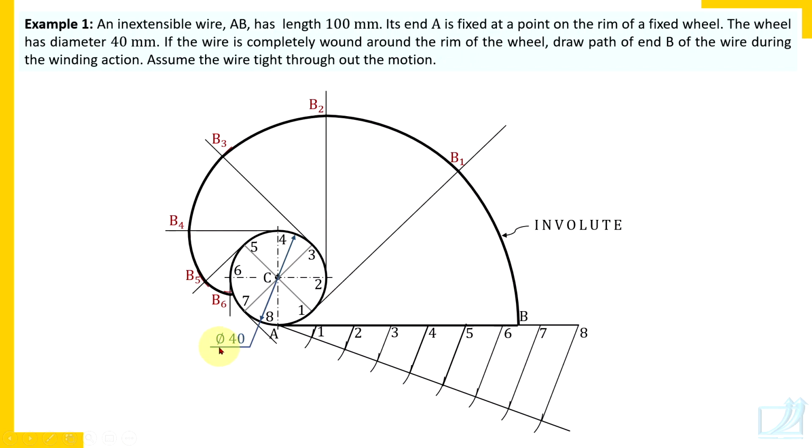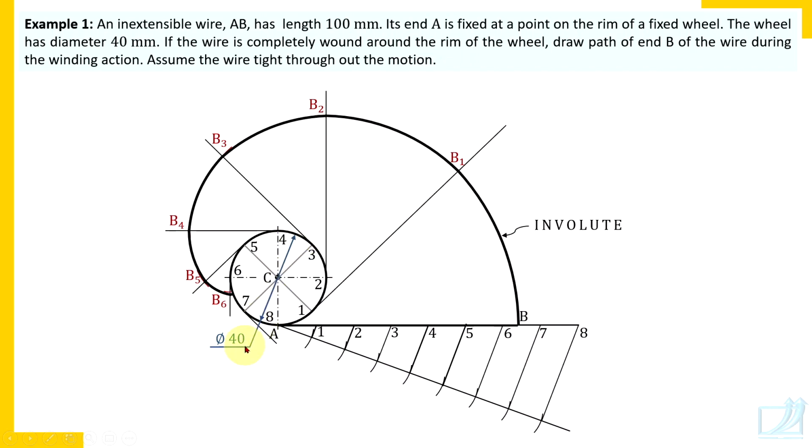Diameter of the circle 40 mm. This is the dimension line used for diameter. Dimension line is a thin line, and don't use a horizontal or vertical diameter. Don't use an inclined line for the dimension line for diameter.